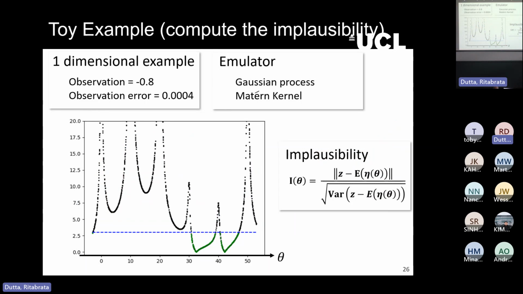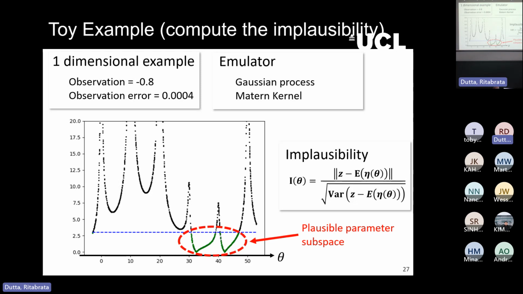This is the implausibility. And you can set a threshold; in this case, the threshold is 3. And if your output implausibility is less than 3, then you can say this region is plausible. And you can have the plausible parameter subspace.